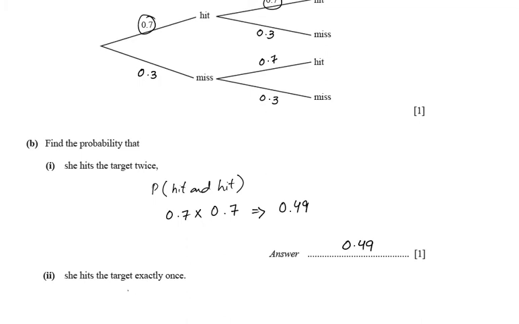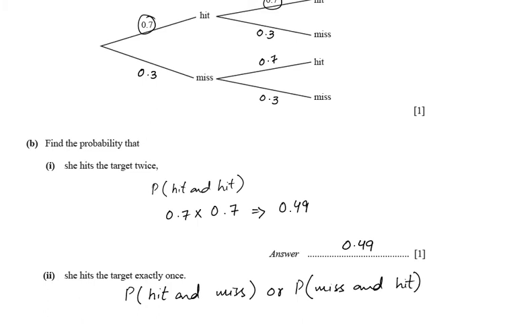See, here we will write maybe the first time it hits and the second time it will miss. Okay, or the second condition is maybe the first time it will miss and the second time it will hit. So it will fulfill the condition of the question. The question is she hits the target exactly once.